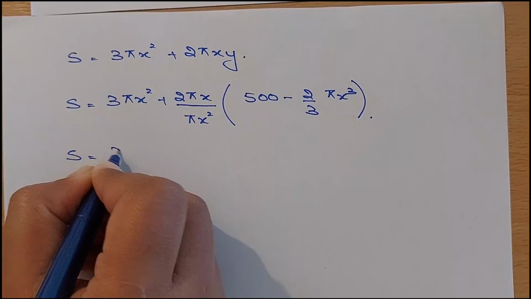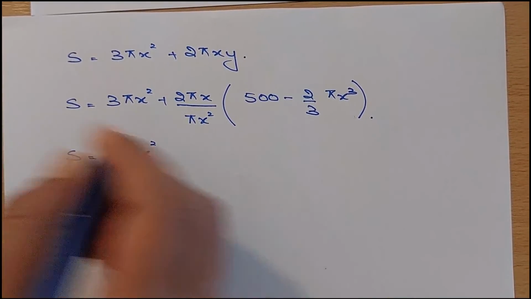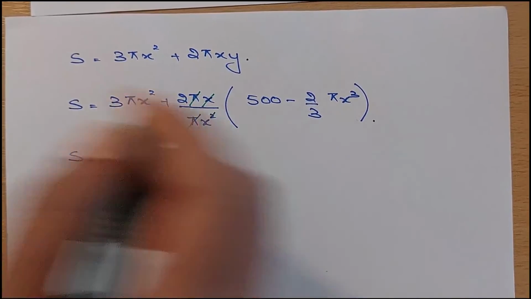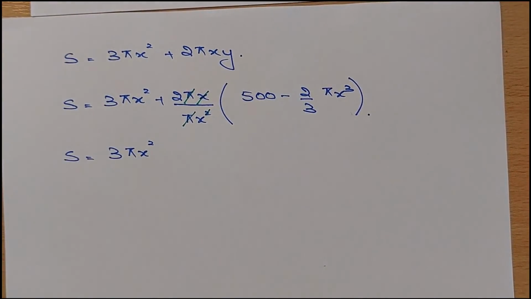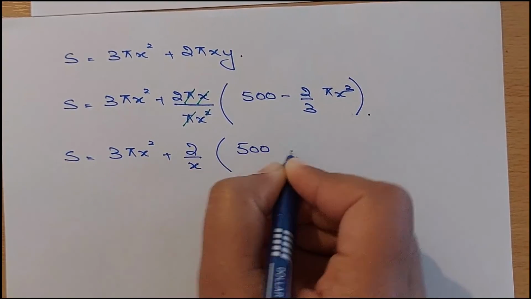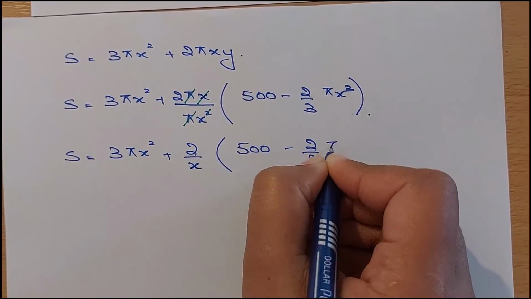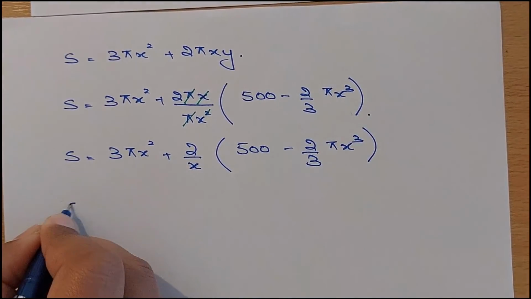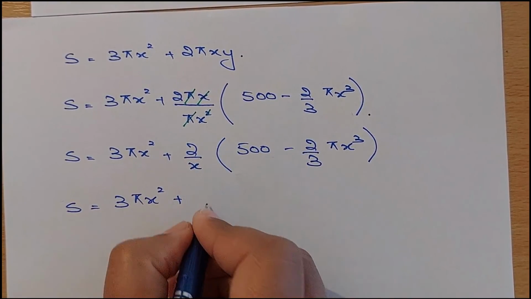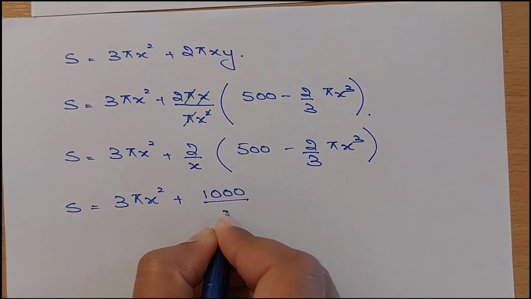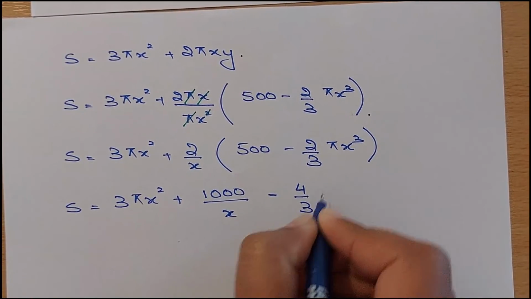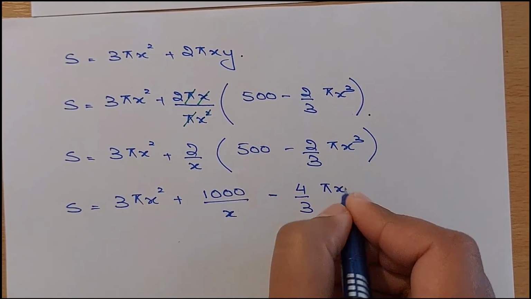So S is equal to 3 pi x square. Let me simplify it now. Pi is cancelled with pi, x is cancelled with x, so 2 by x we are left with here. So plus 2 by x multiplying with 500 minus 2 by 3 pi x cube. S is equal to 3 pi x square plus 2 times 500 is 1000 divided by x minus 2 times 2 is 4 by 3 pi x, with x cancelled with this to x square.